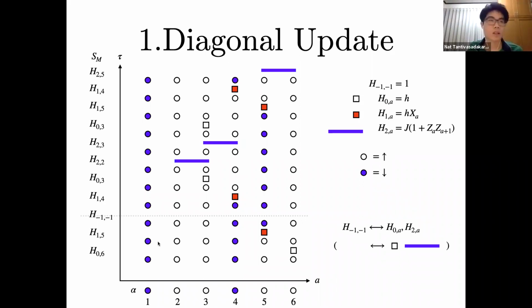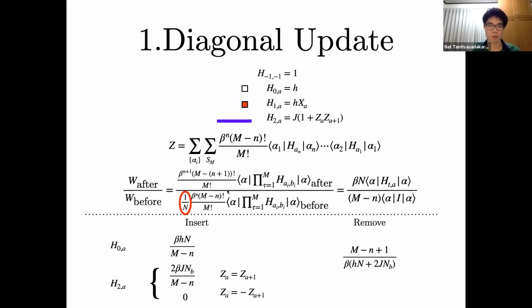Now for each time step that you remove or insert, you need to calculate the ratio of the weights before and after so that you can calculate the probability. Probably this is the most annoying slide in my presentation. Hope you're not too afraid of it. Let me try to break this down.